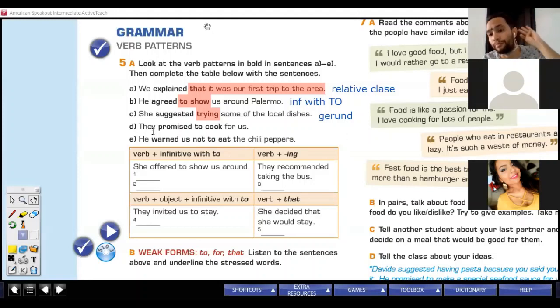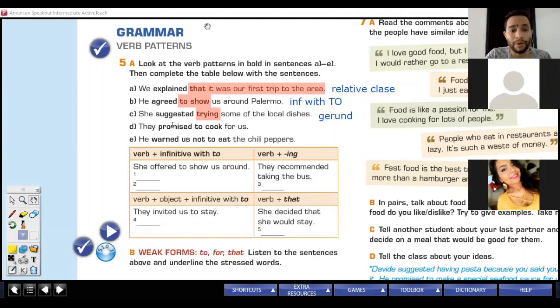Now let's go to pattern number 4, which is this one right here, letter D. Let's see. "They promised to cook for us." Well, this is not pattern number 4. I would say that it's pretty much similar to example B, right? Which is "he agreed to show us around Palermo," and "they promised to cook for us."